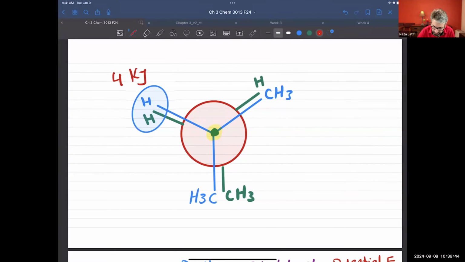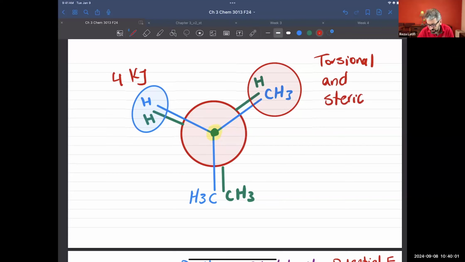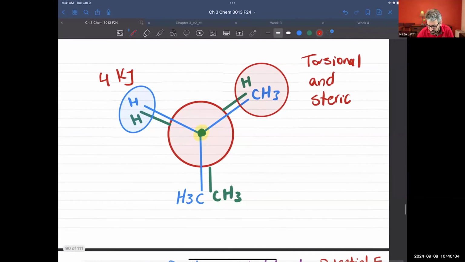Now, what will happen if I replace one of the hydrogens by a methyl? In that case, I'm going to get torsional and steric strain, and this is going to cost me 6 kilojoules. The system is unstable by 6 kilojoules.